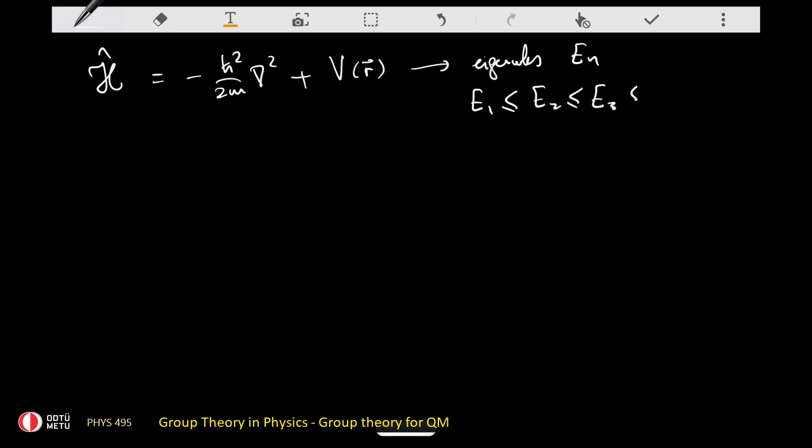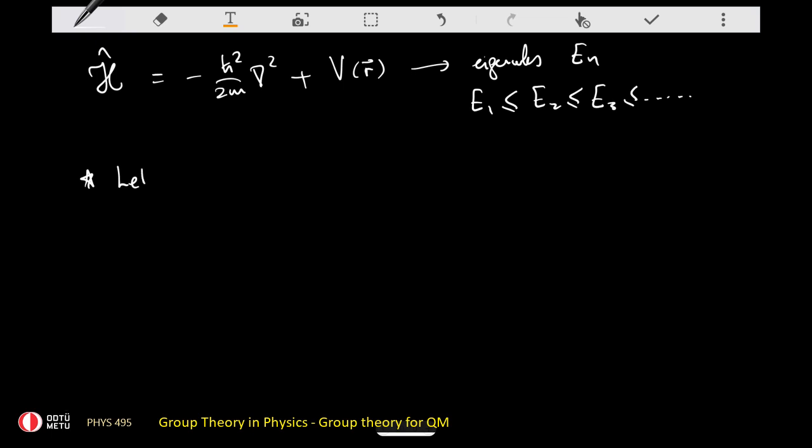So therefore we have this sequence in here. E1 is the ground state, E2 is the first excited state, and so on. We can think of this Hamiltonian as an infinite by infinite matrix too. In any case, what I do is eliminate some of the rows so that we get only a finite number of rows. The formal way of doing this is like this.